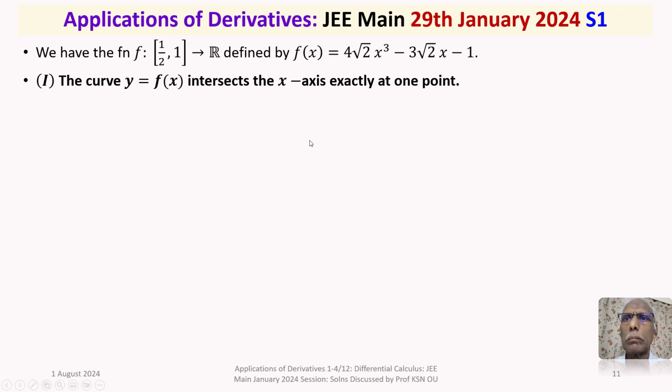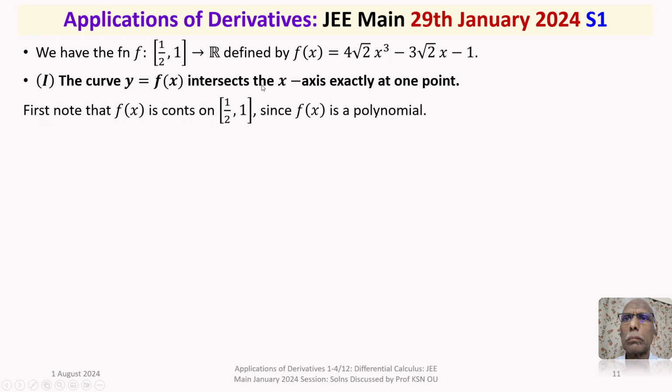That's what it means. Right. First note that because you are talking about this curve intersecting the x-axis, it means f of x has a root. For that, we remember the intermediate value theorem.